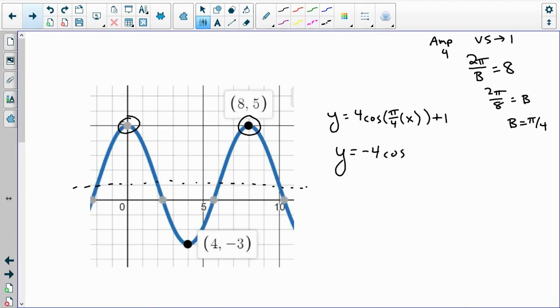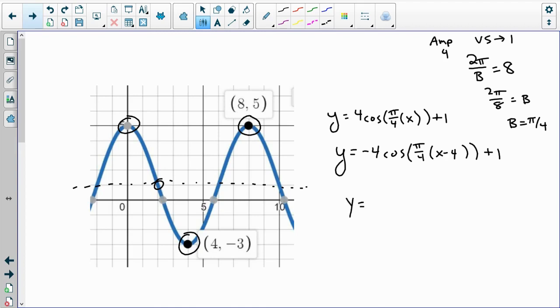What if I wanted to write it as a negative cosine graph? Negative 4 cosine. The b value stays the same. I look at what my shift is. My shift is left 4. So I put x minus 4. I could have a variety of different situations where I have this happen. What if I wanted to write a negative sine graph? There's something that starts at negative 2.